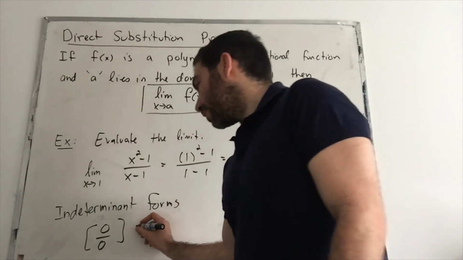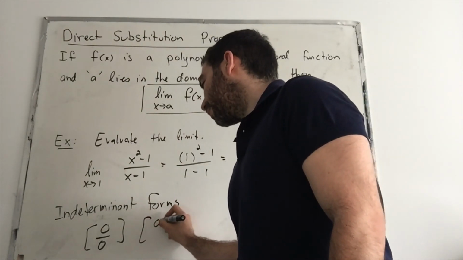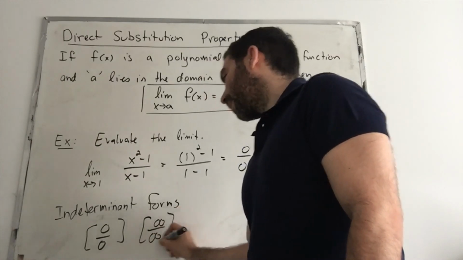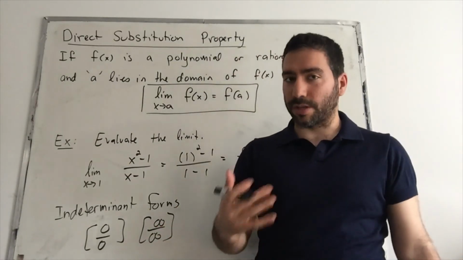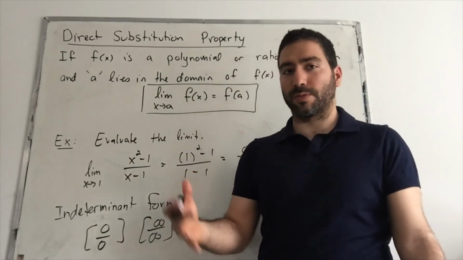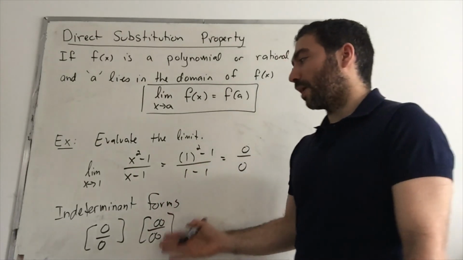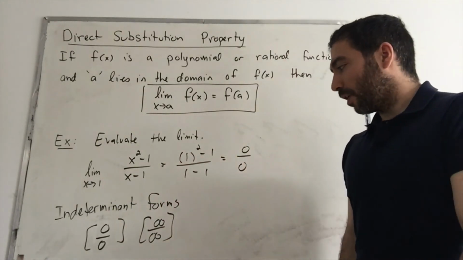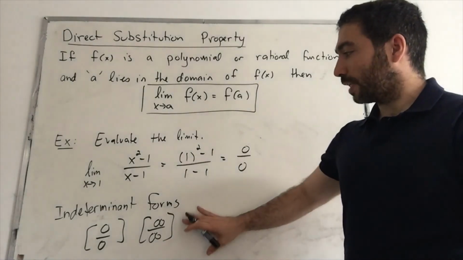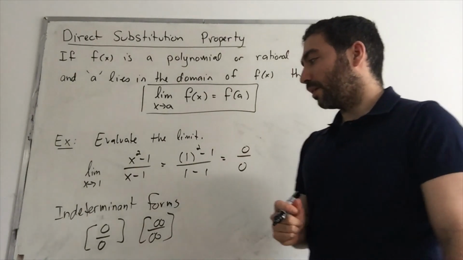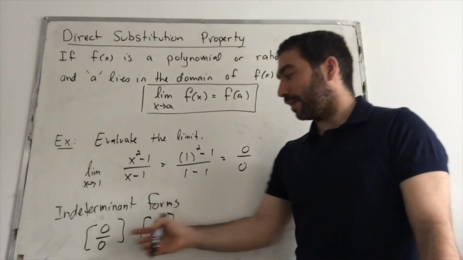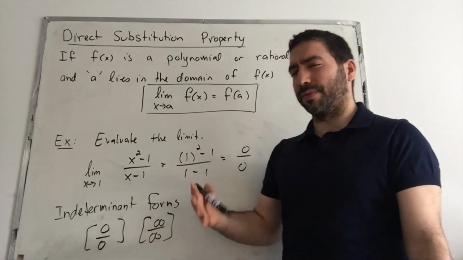And the other type is infinity over infinity. Infinity divided by infinity is not necessarily 1, 0 divided by 0 is not 0, it's not 1, we don't know. We have to analyze the functions. Okay. So let's take a look at how to evaluate limits that give us indeterminate forms, 0 over 0 or infinity over infinity.